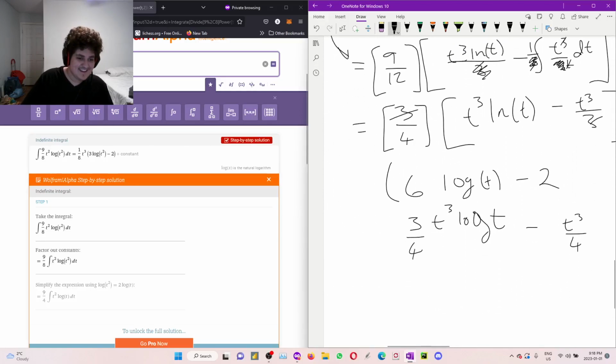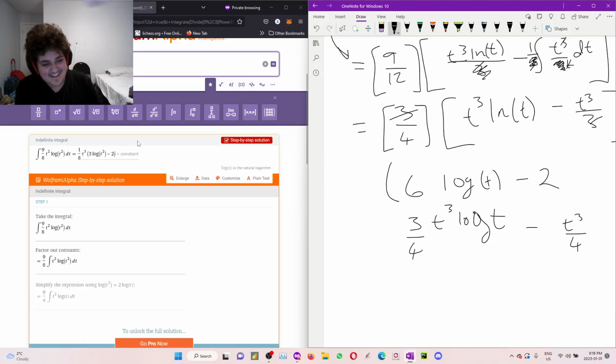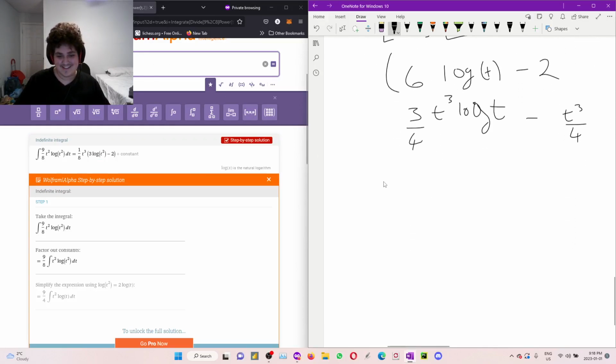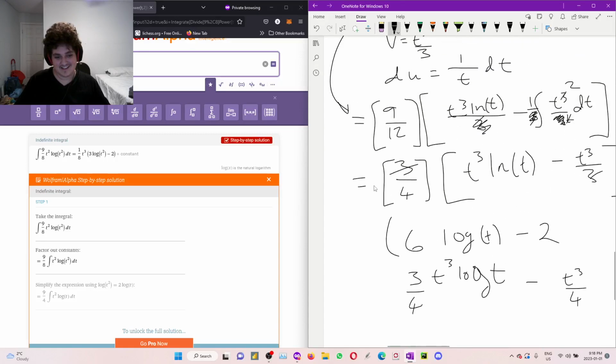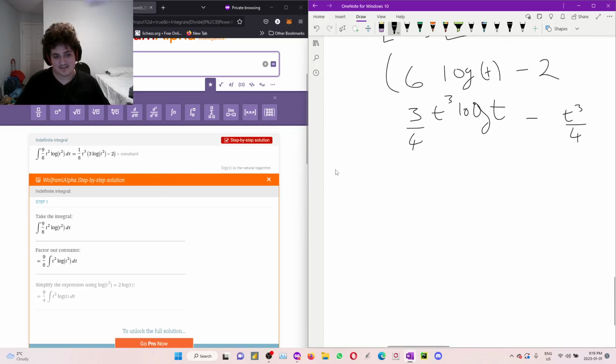Log of t squared is definitely the same thing as 2 log t, right? That rule makes sense. For example, if you have log of e squared, it should just be 2, because ln of e is 1, right?